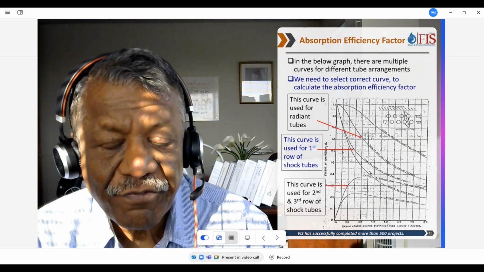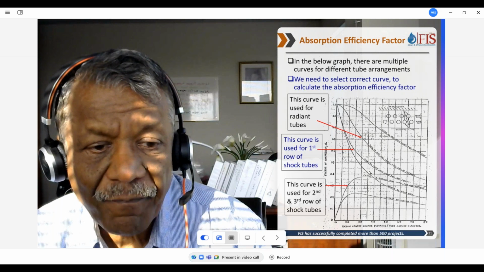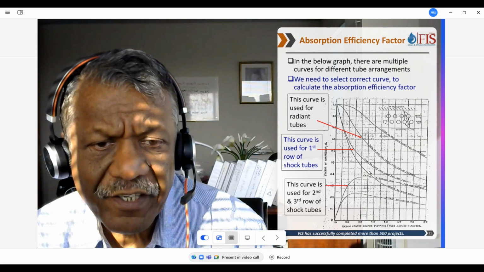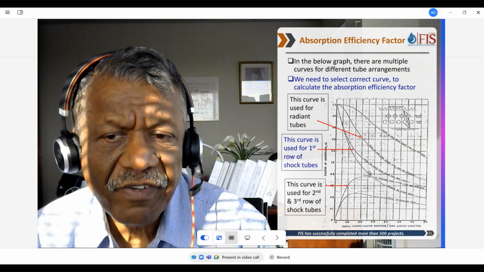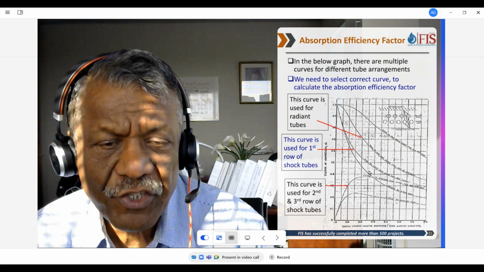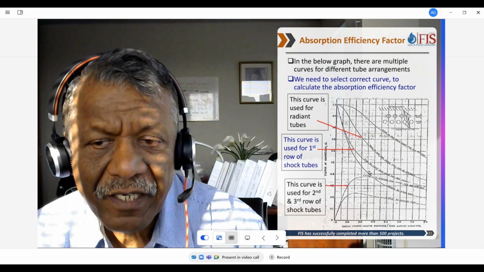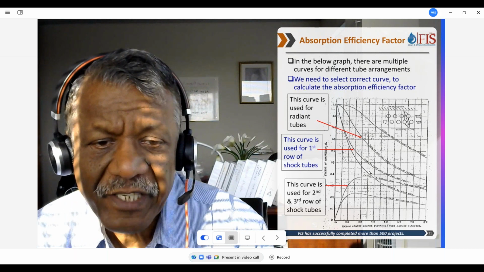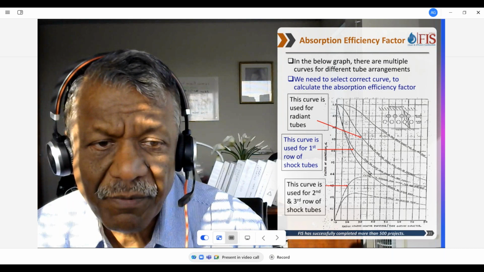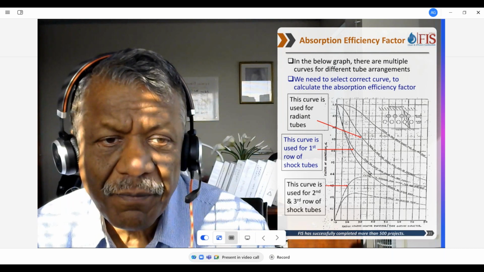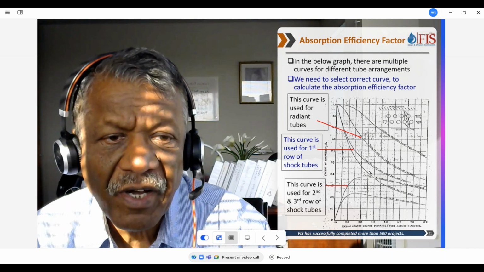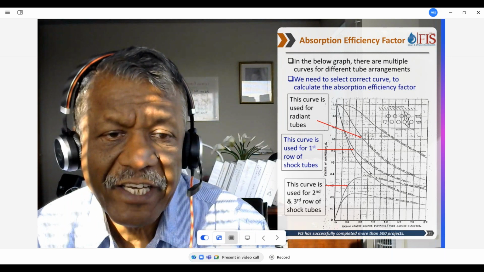to those of you who are interested in fired heater design, there is a very nice paper published in Hydrocarbon Processing by R. and Wimpress. I think everybody is familiar with the Wimpress article. What Wimpress did was he simplified Lobo and Evans calculations.